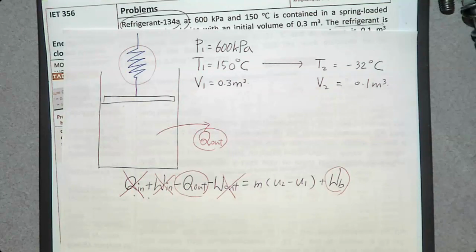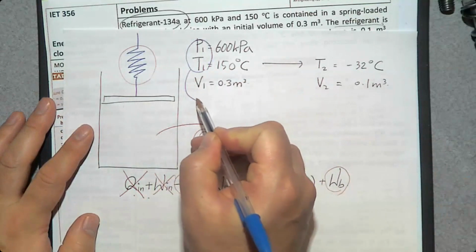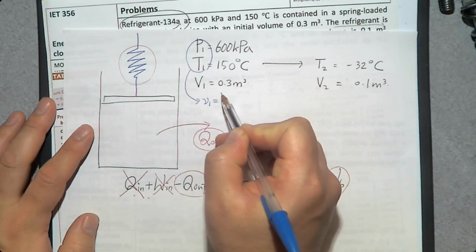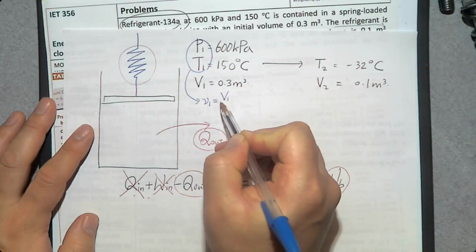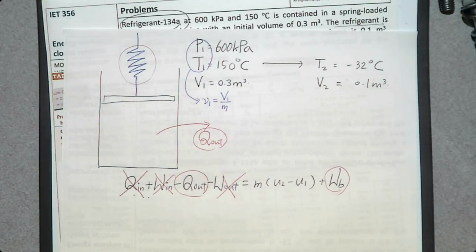What is the relation to the actual volume V1? The mass, right? Lowercase v1 is the actual volume divided by mass. Since we already know the actual volume, 0.3 cubic meters, if you find specific volume, you get the mass. So that's our plan. So let's do it.